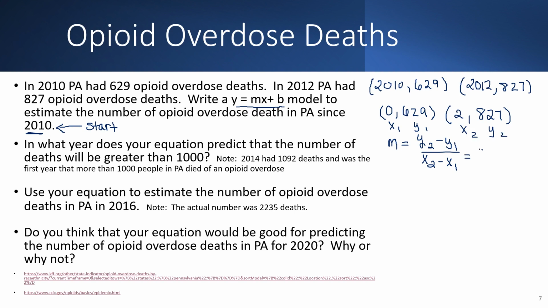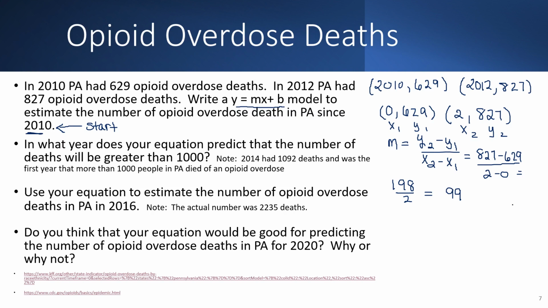So plugging those numbers in, on the top I have 827 minus 629. In the denominator I have 2 minus 0. Doing my math for those, I get 198 over 2. And dividing that out, I get 99. And so that is my slope, that's the m.